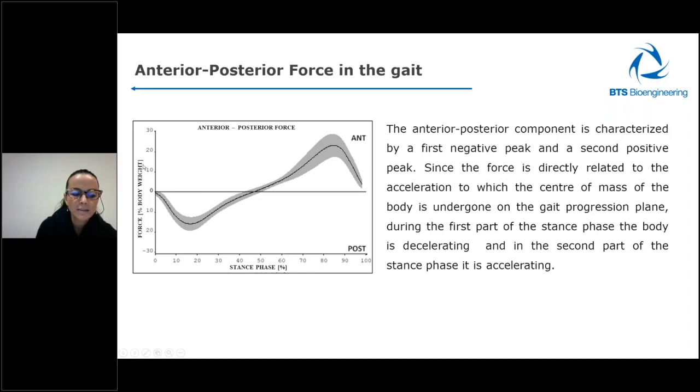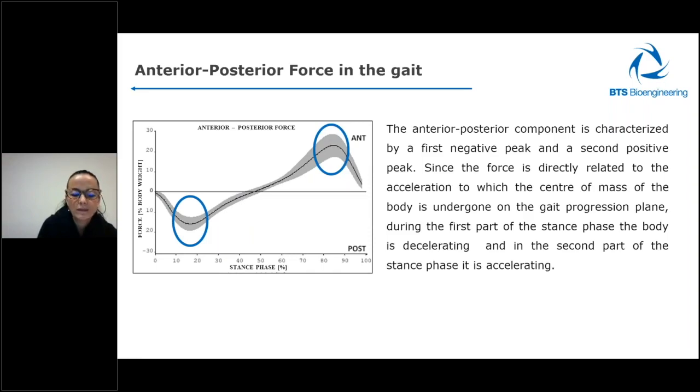On the vertical axis, the force value is expressed as a percentage of the body weight, and not in Newton as a measured unit. This normalization obviously allows us to compare the force among different subjects. As you can see, this force is characterized by a first negative peak and a second positive peak.